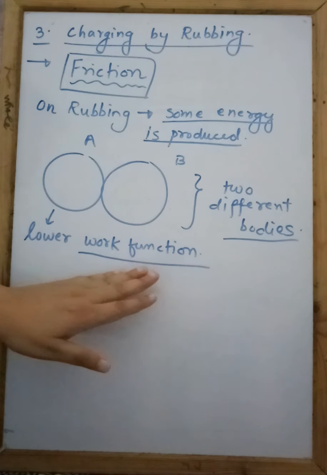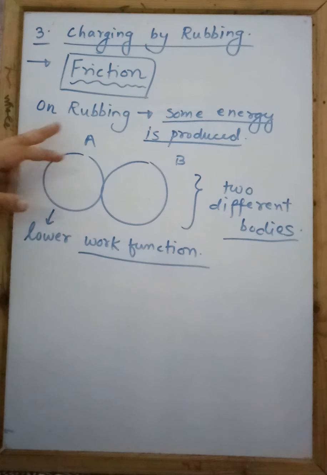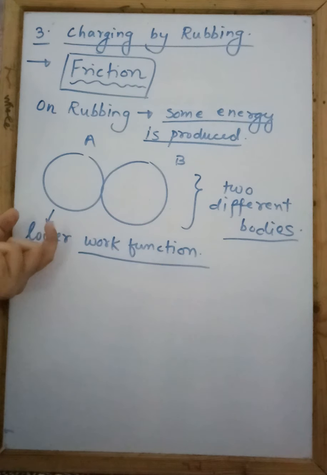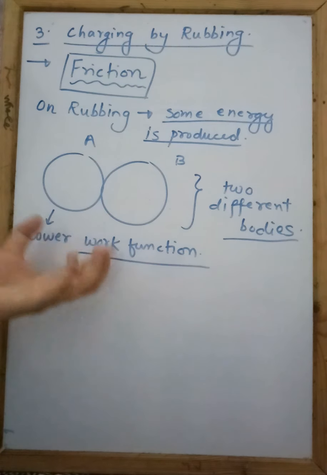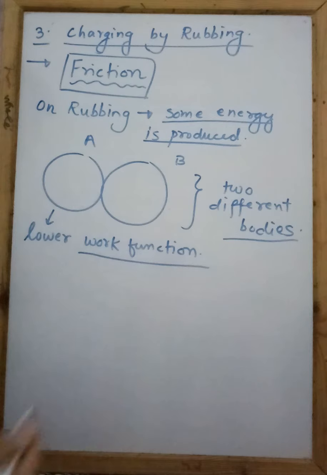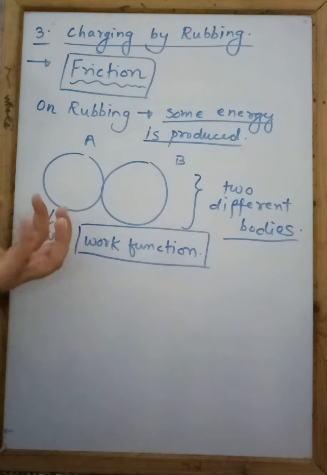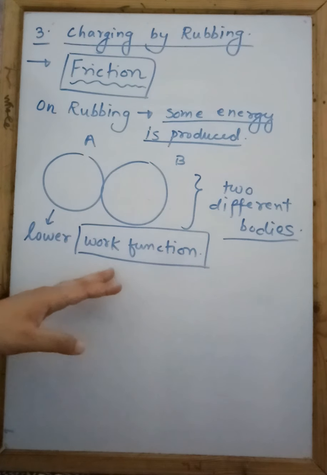Every body needs some energy to lose electrons. You all know that A cannot lose its electron as such. It needs some energy so that it can lose electrons. How much is the minimum energy required so that a body can lose its electron is what is called work function.